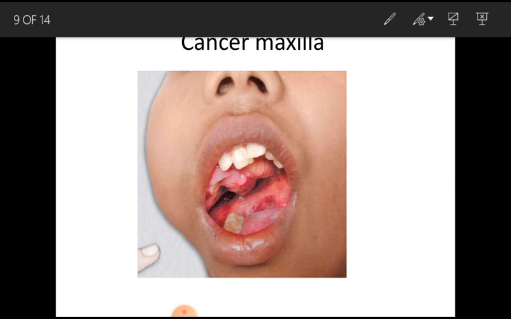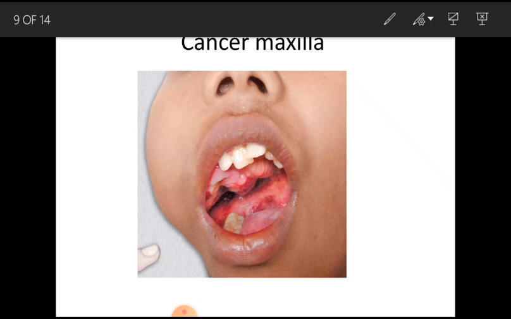The cancer maxilla patient may be of both sexes, male or female, age above 40. The earliest presentation is chronic sinusitis not responding to the ordinary treatment, with bloody nasal discharge.